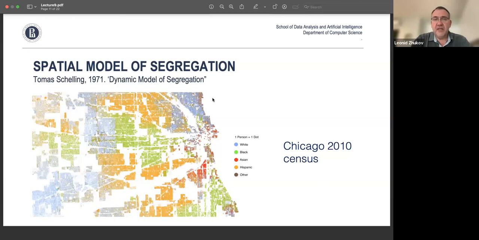When you look at the entire city, you will see it being completely segregated, which means there are regions homogeneously populated with the same race, and then there are quite sharp boundaries with the regions populated with another race. And the question he was asking was, is this something where people are just so racist, or why is that happening?